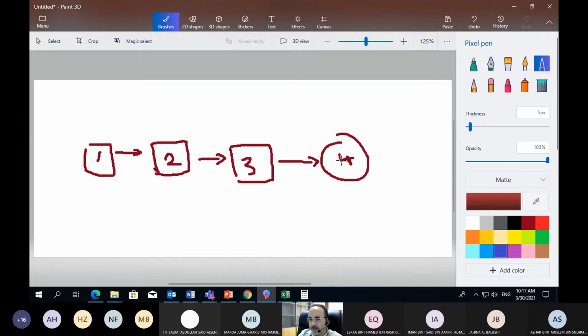even in this case where I must have, for example, 1 next to 2, 2 next to 3, 3 next to 4, the series, the sequential design is not the only one, because I can have the same thing with a slightly different design. I could actually have the system designed in this manner.